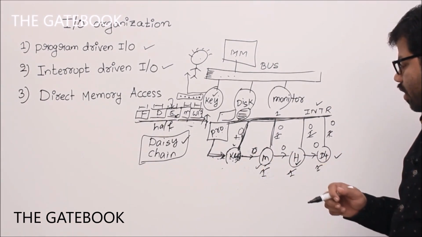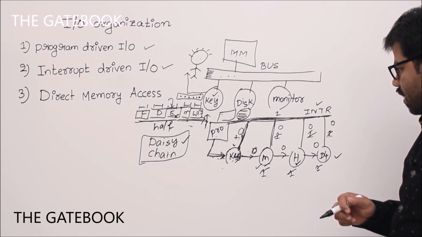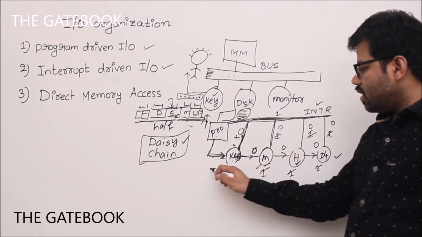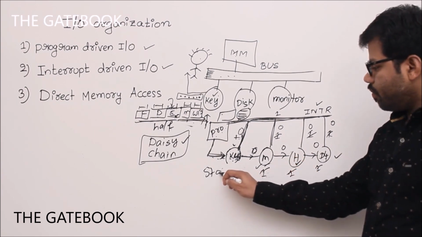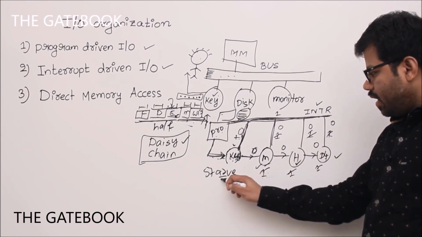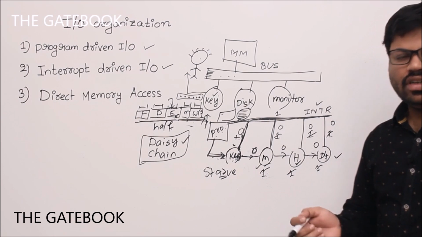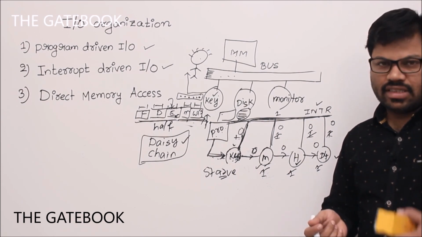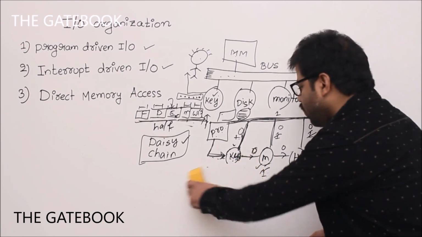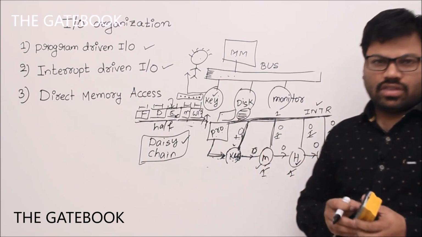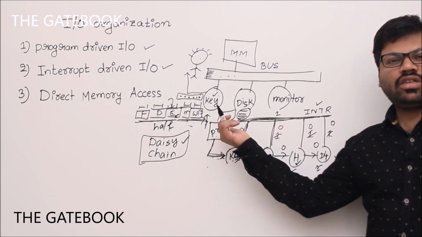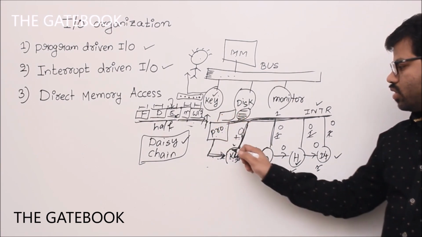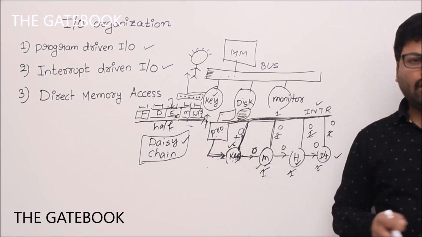One more important piece of information is that here also there is starvation, right? This device 4 will starve. Yes, in every priority based model there will be starvation, unless you dynamically change the priorities. If you physically construct this kind of circuit, then definitely the device which is not close to the processor will starve, so whoever is close to the processor will get more priority.